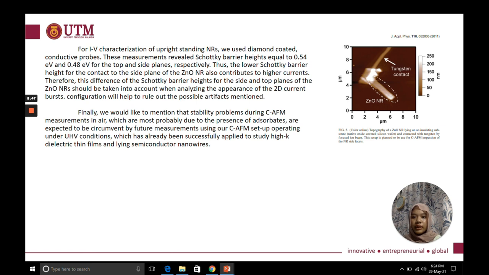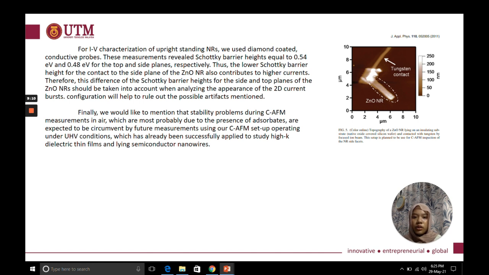So for IV characterization of upright standing nanorods, we use diamond-coated conductive probes. These measurements revealed Schottky barrier heights equal to 0.5 eV and 0.48 eV from the top and side planes respectively.